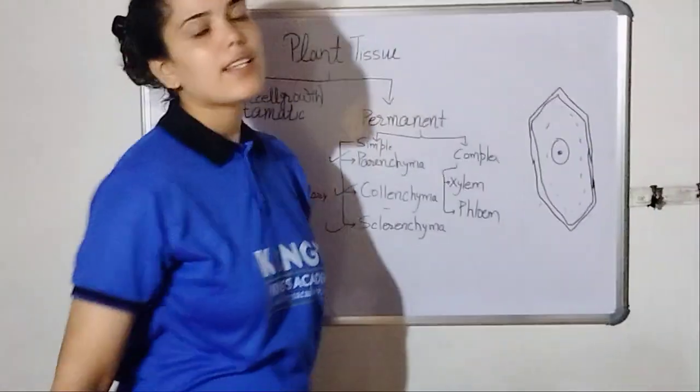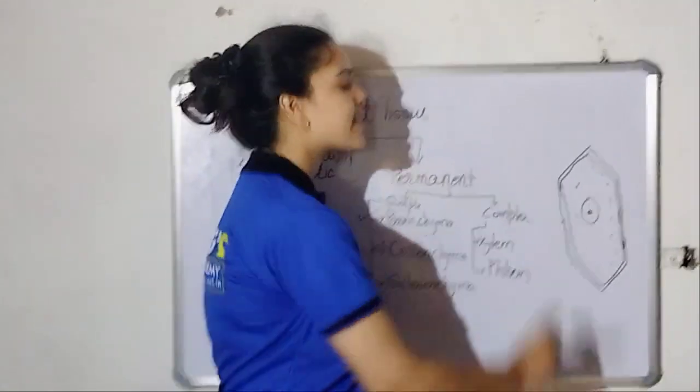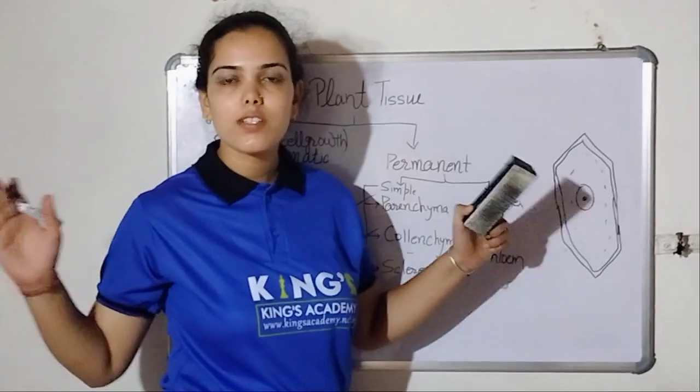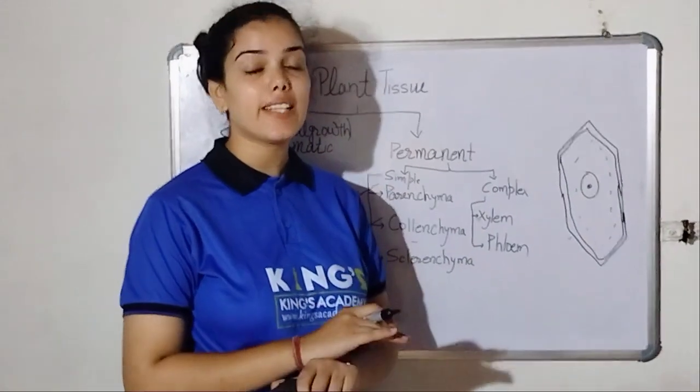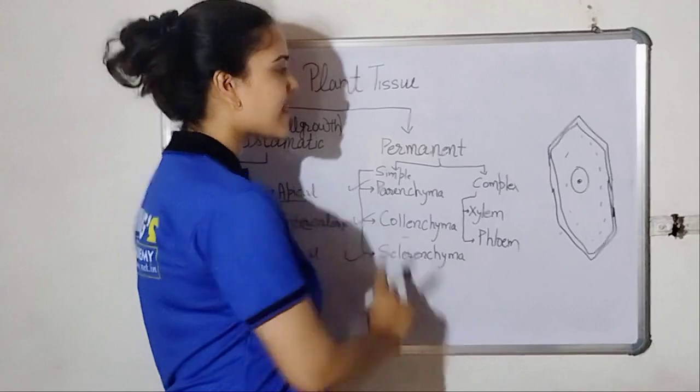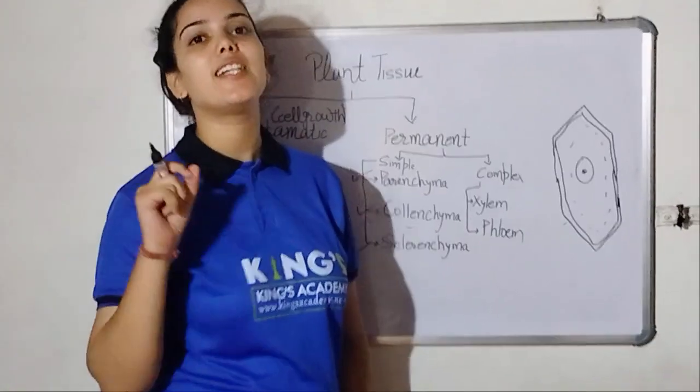This is our simple sclerenchymatic cell, which indicates that the cell is long and has a very thick cell wall, and sclerenchyma cells are basically dead cells.